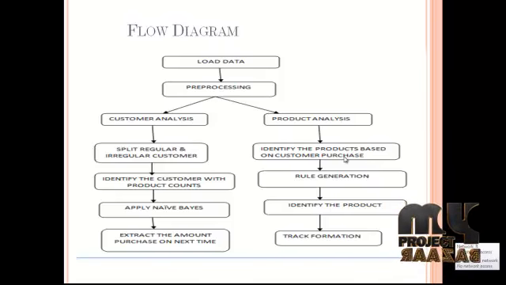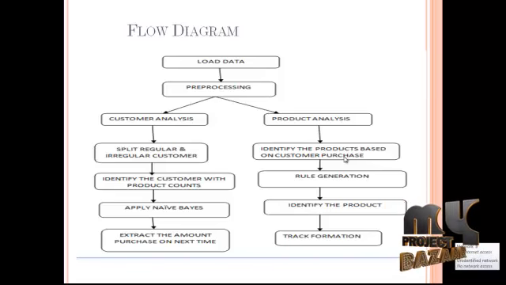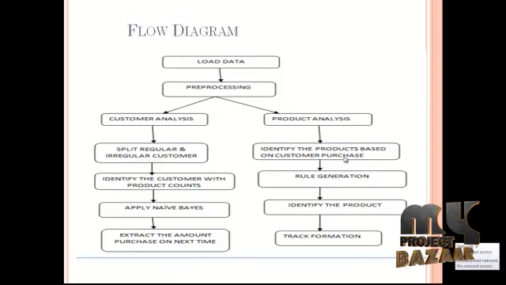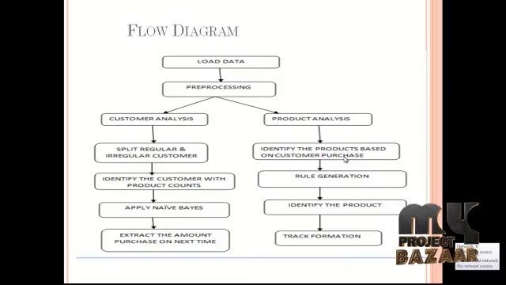We generate rules based on the maximum product count purchased by regular customers, identify the products with the maximum count, and arrange the products based on track. Track formation is useful for business development.